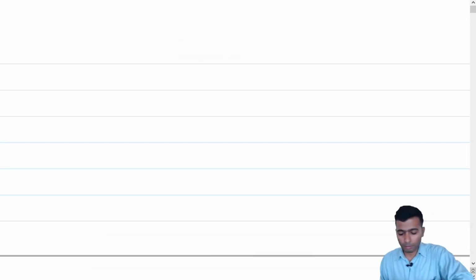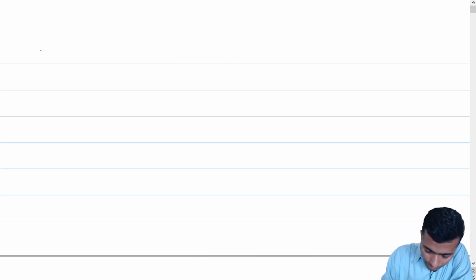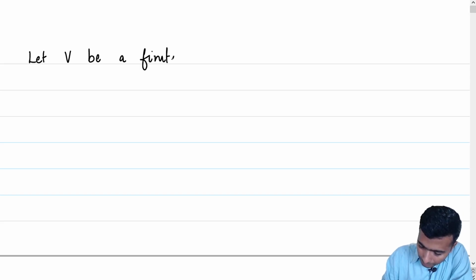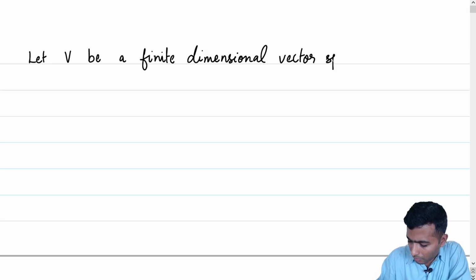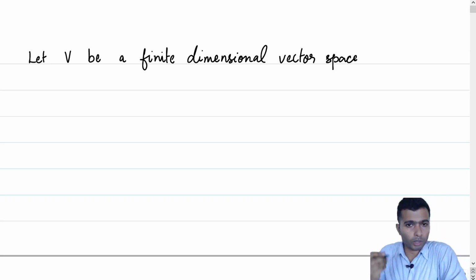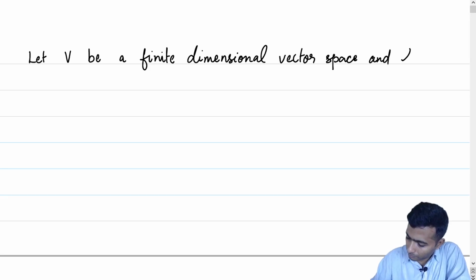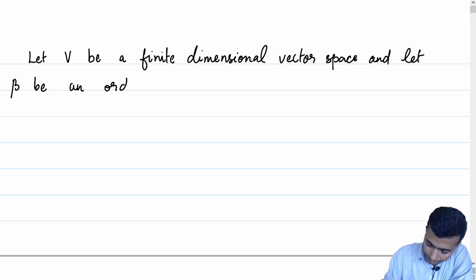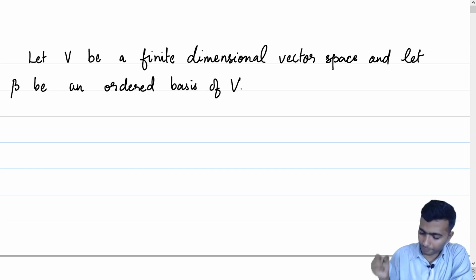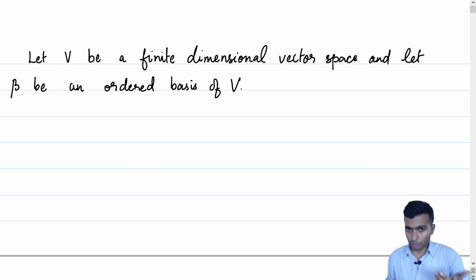So let's begin by considering a vector space V. Let V be a finite dimensional vector space and let beta be an ordered basis of V. Let's now consider a new basis beta prime.